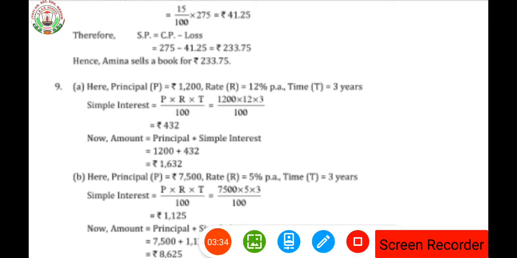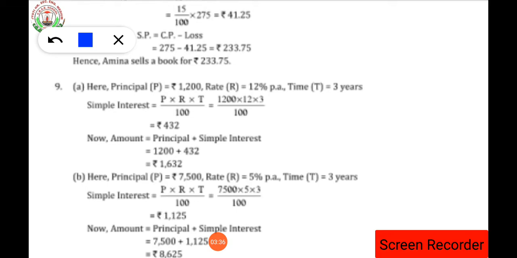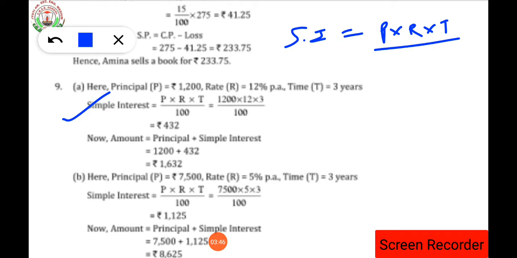Now we have to find the simple interest. The short form of simple interest is SI. So SI is equal to P into R into T upon 100, where P is principal, R is rate, T is time. In order to find SI, we substitute the values of principal, rate and time in the formula.